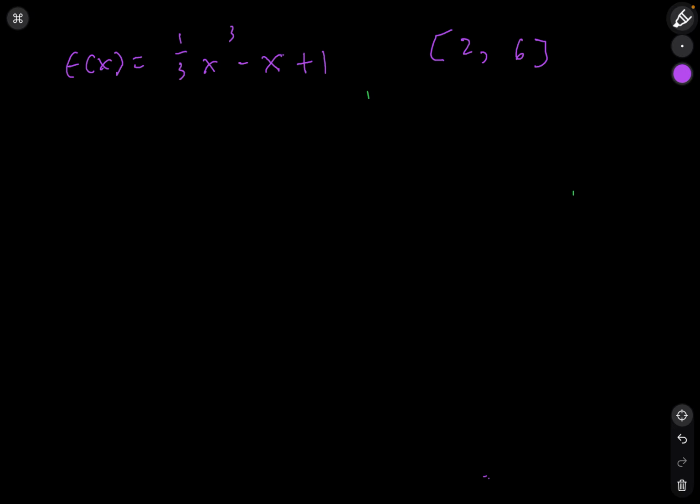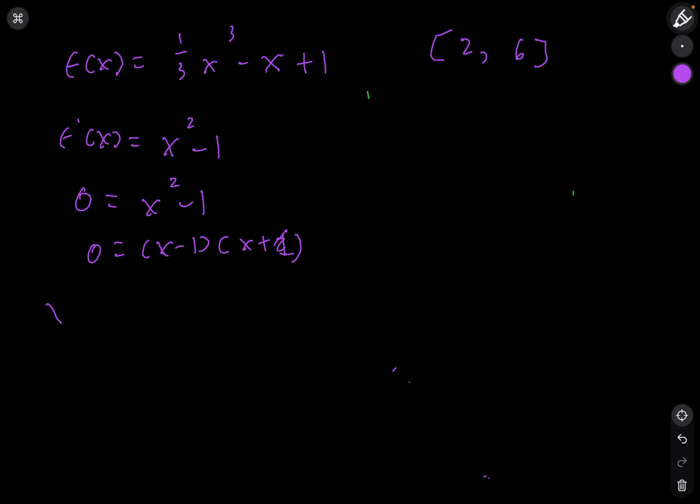So first we have to find where the slope is 0. So we do f prime of x. We do the power rule. We bring down the 3, minus 1, that's x squared minus 1, and that's it. So now let's set it equal to 0. From here, we can tell that the critical points are going to be x minus 1 and x plus 1, since it's just a difference of squares.